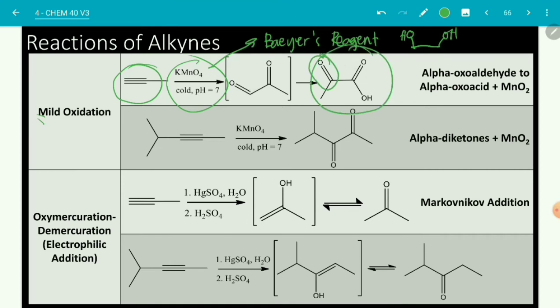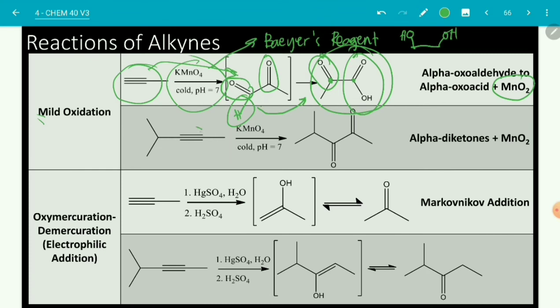So, alpha-oxo acid. Yung inyong oxo or yung carbonyl group ay nasa carbon number 2 ng carboxylic acid product. Okay? So, magiging carboxylic acid to. Pero ang intermediate niya ay alpha-oxo aldehyde. Okay? This aldehyde will be oxidized further to form the alpha-oxo acid plus of course the brown MnO2 solid.